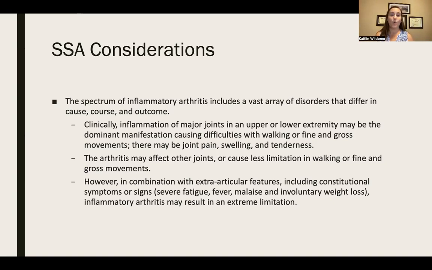They might look for inflammation of major joints in either your upper or lower extremities. That inflammation and swelling might result in difficulties with walking or with your fine and gross motor movements with your hands. There might also be some joint pain, swelling, or tenderness involved. The arthritis might affect other joints or cause less limitation in walking or fine and gross motor movements. That's what they're predominantly looking at.